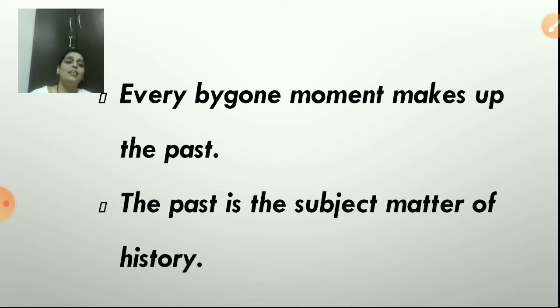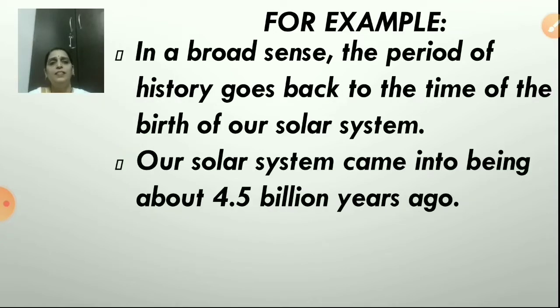In a broad sense, the period of history goes back to the time of the birth of our solar system. Our solar system came into being about 4.5 billion years ago.